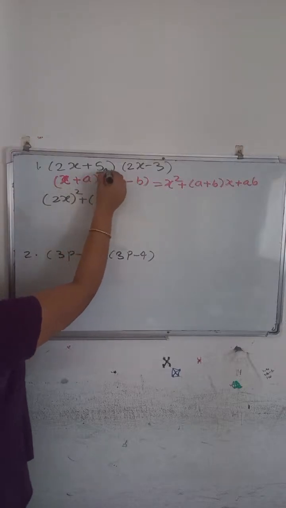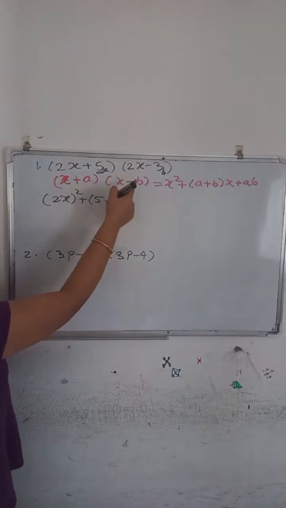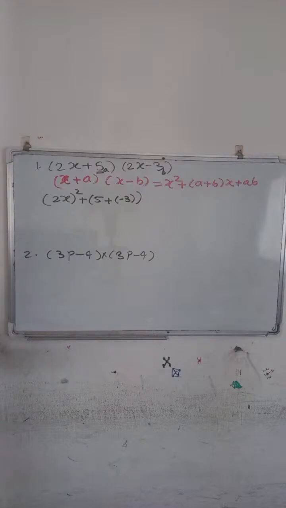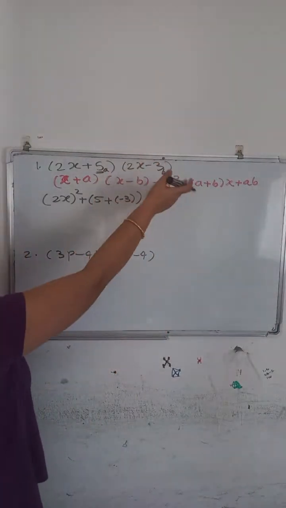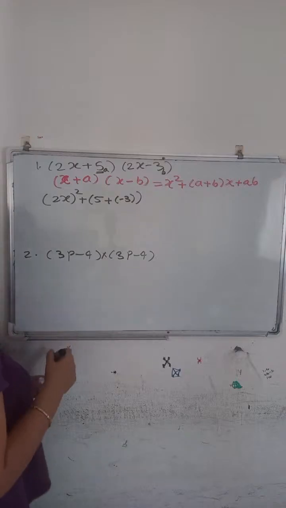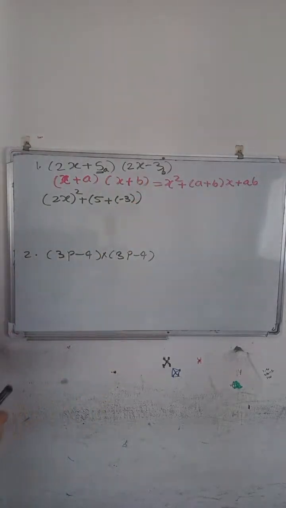This is a and this is b, so 5 plus, but this b is negative here. Always be careful about the signs. Of course, this is the a plus b formula, but b is negative here, so you have to take it with the negative sign. Sorry, I made one mistake here. This is also plus.